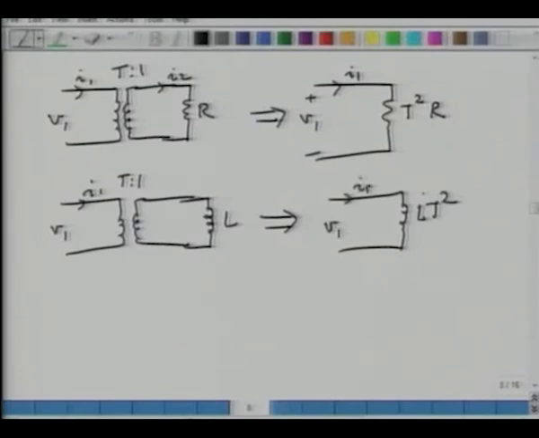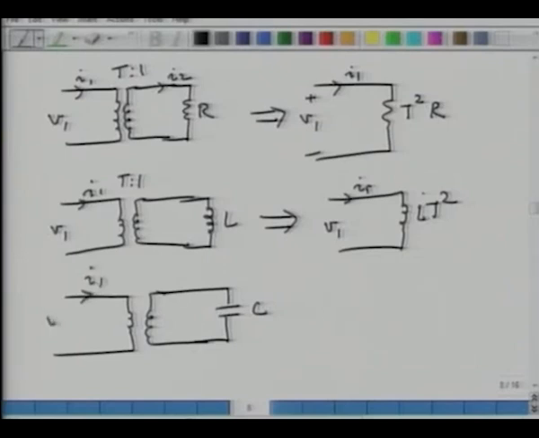And the last one is a capacitor. I have a capacitance C. This transforms to C over T squared, because your impedance is the inverse of C.